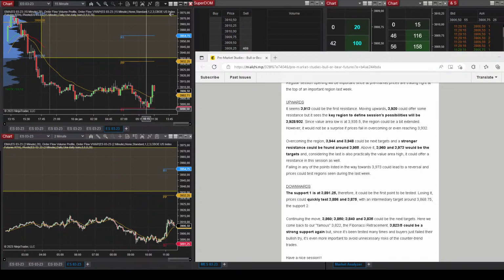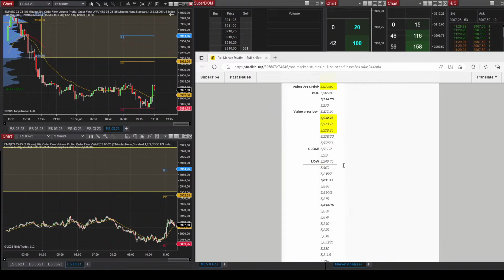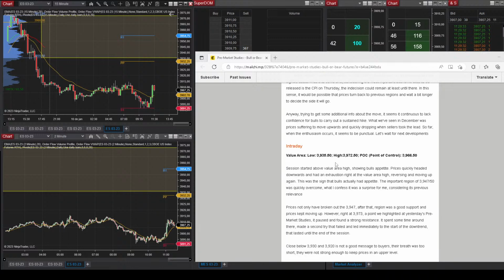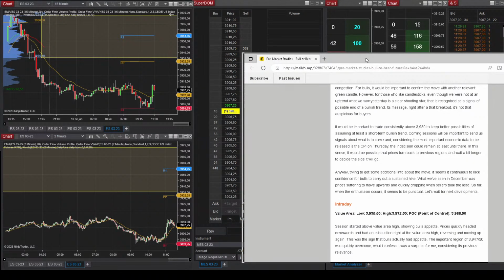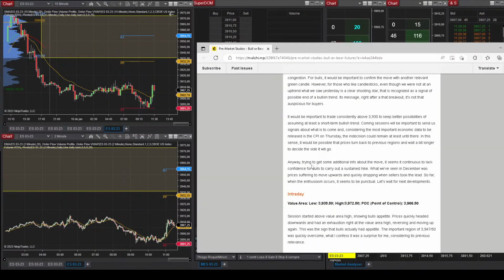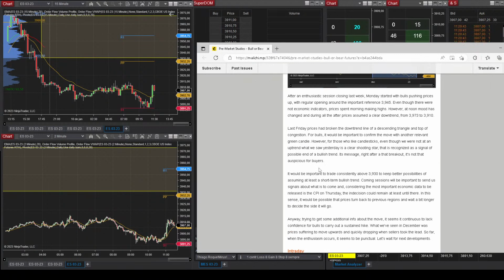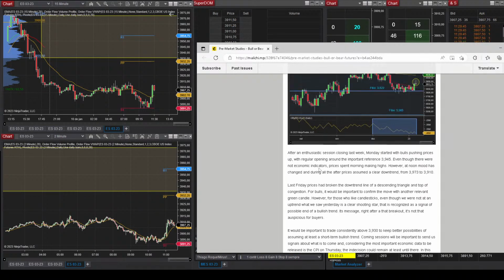My doubt now is if we are actually going to be able to overcome the 3913, and we can see that yesterday's low was 3909 or 3910. So it would be possible to close this gap. Actually, we are right there, but let's see if it will be strong enough to keep moving upwards.